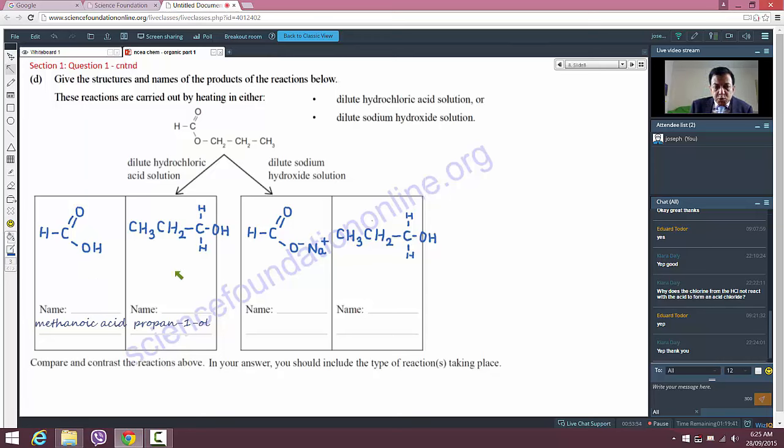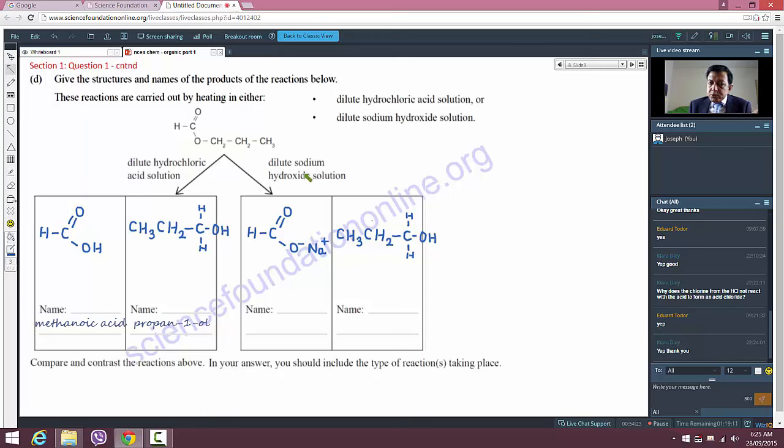Okay, so I've named those two products, methanoic acid and propan-1-ol. Now what happens when you warm it up with dilute sodium hydroxide solution? Again, the ester linkage is broken and you will produce the propan-1-ol, still the same as with the other one. The only difference being, rather than getting the free acid, you will get its salt form.